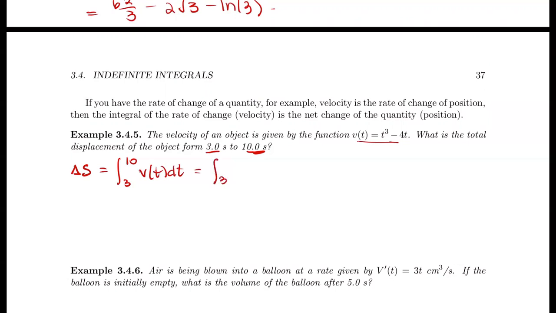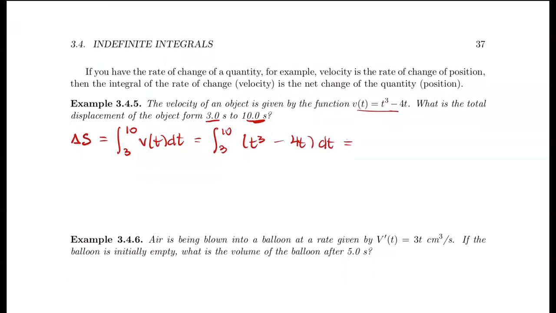So that's going to be the integral from 3 to 10 of t cubed minus 4t dt. And so if we could evaluate this right away, the first one is going to be a quarter t to the fourth, and the second one is going to be 2t squared, and we're evaluating from 3 to 10.